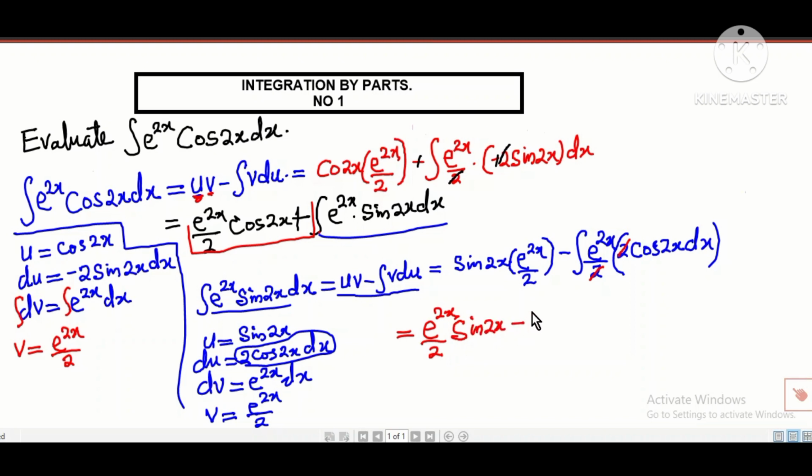Then this is going to be minus the integral of e to the power 2x cos 2x dx. All right, so let's take everything here and slot here.